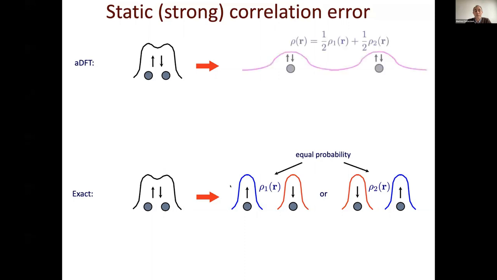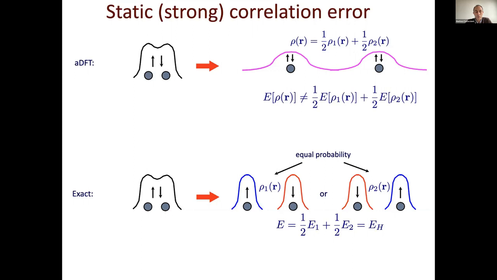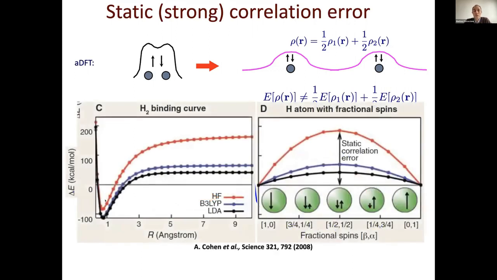And again, because of the symmetry of the system, with the approximate DFT you always get an alpha spin on each ion at the end, independently of the distance. And again, the charge density is not bad in the sense that it conveys the idea that it's a linear combination of these other two with equal probability. But unfortunately, again, the energy is not what you expect it to be, and shows some curvature again that shouldn't be there.